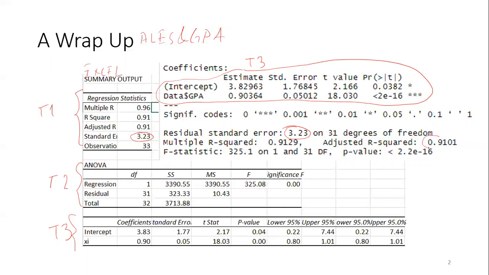This is the adjusted R square, 0.901. There's a little twist here. This is R squared, the multiple R squared, and the R squared here is the same. So this part is T1, table 1.